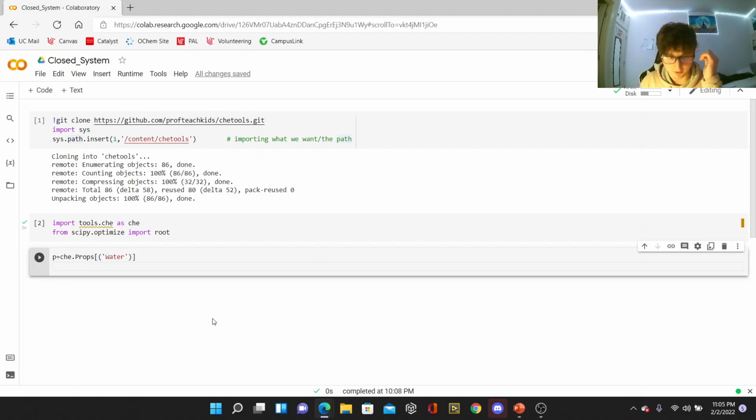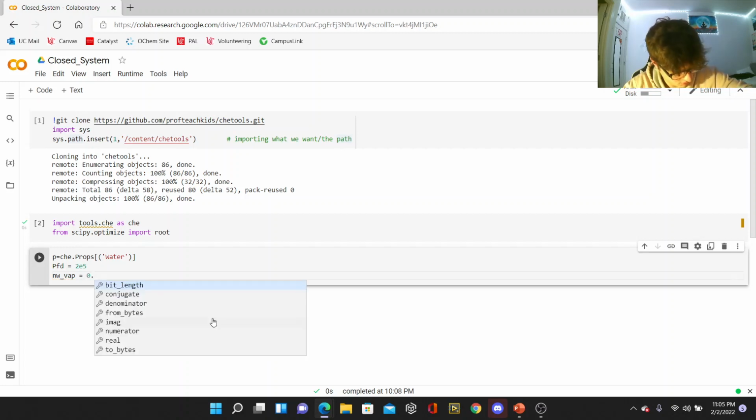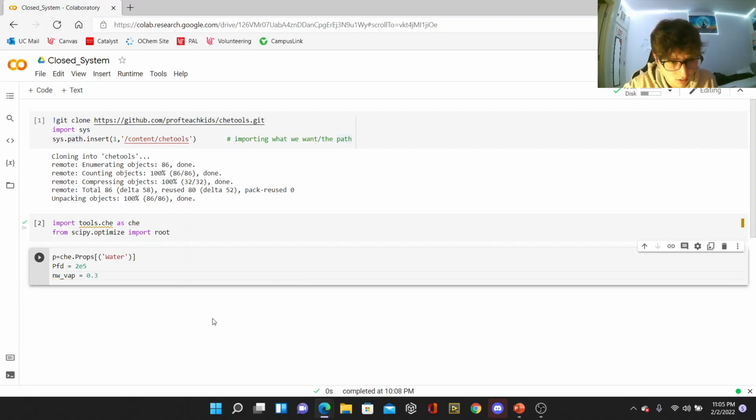Oh, so we have that final pressure. So we are actually going to do the PFD, the pressure desired, and we're going to make that our constant value instead of just the final pressure. So we're going to do, I believe it's 2E5, and then we will do the same for the moles of water vapor equals, is it 0.3? 0.3.